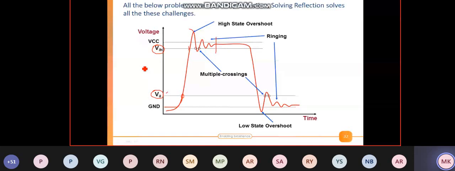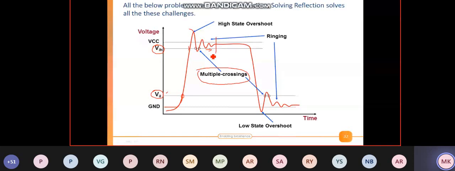But due to problems like reflection, you would see ringing, where the signal touches your VIH twice. That means it could give false data to your receiver, and this will have a large impact on timing analysis.